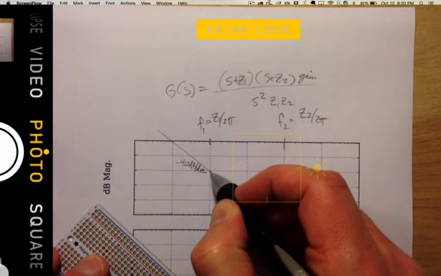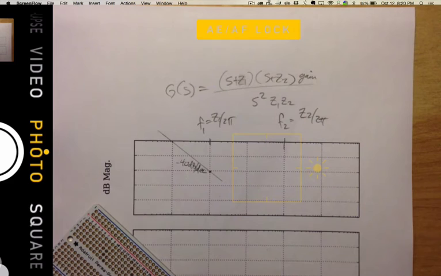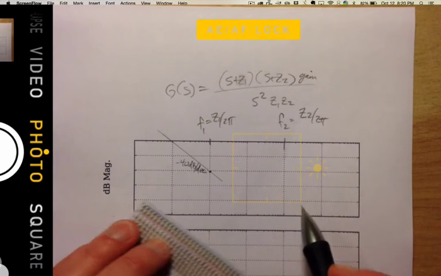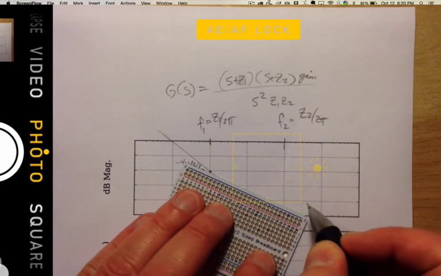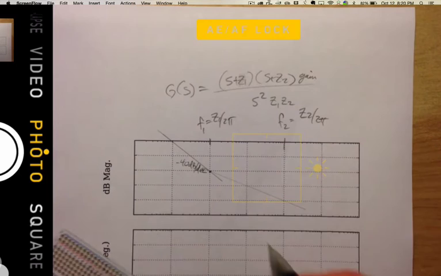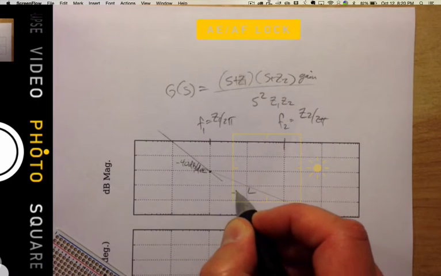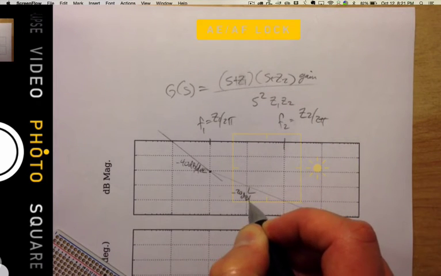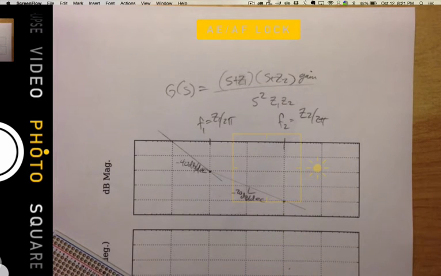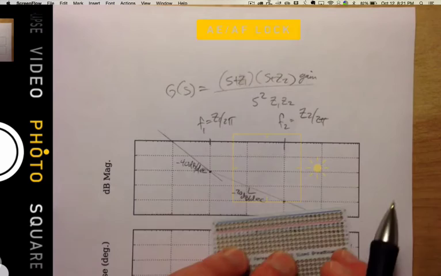And then when I get to here, my slope will have plus 20 dB per decade added to it, so that'll take me to minus 20. I'll go along at minus 20 dB per decade until I get to this point, and I'll take that negative 20 and add another 20 because of this zero.